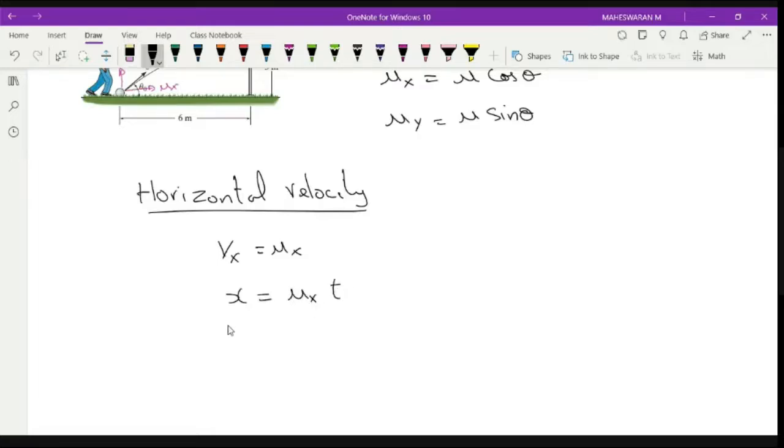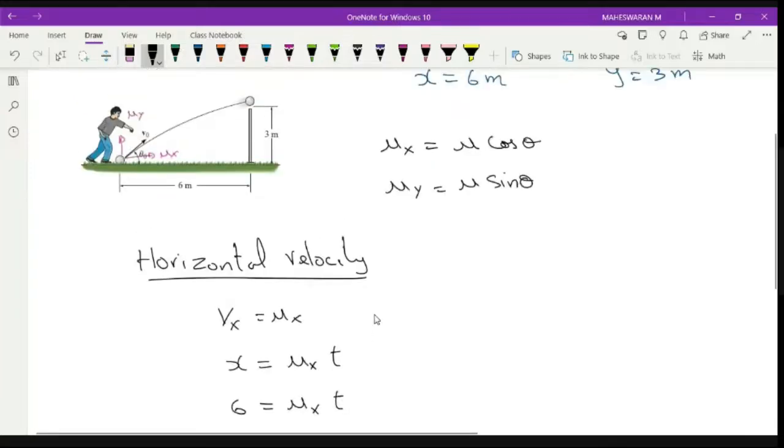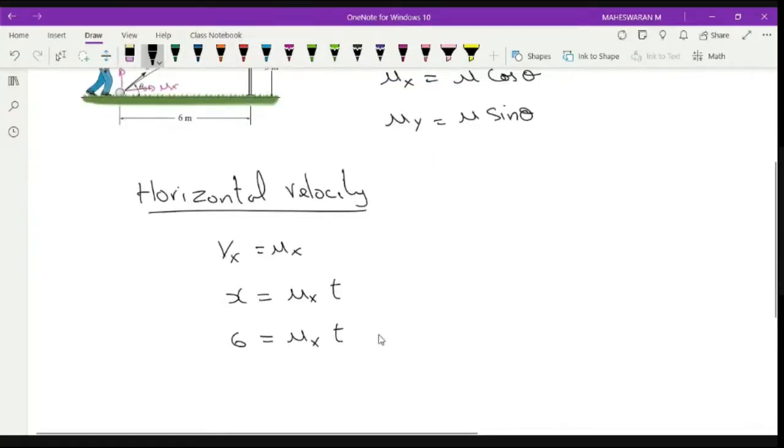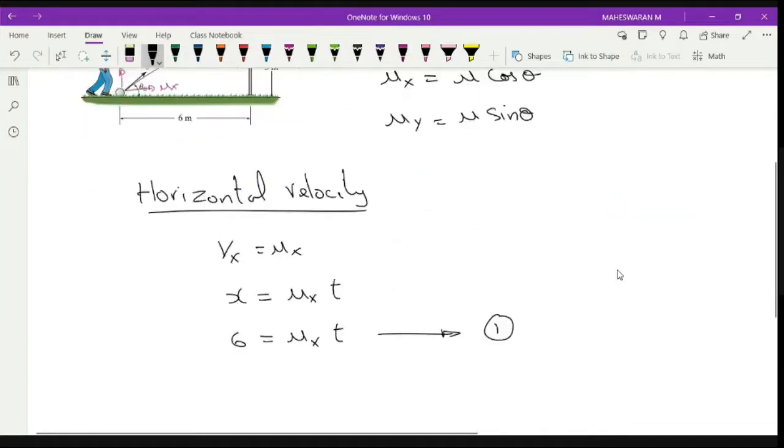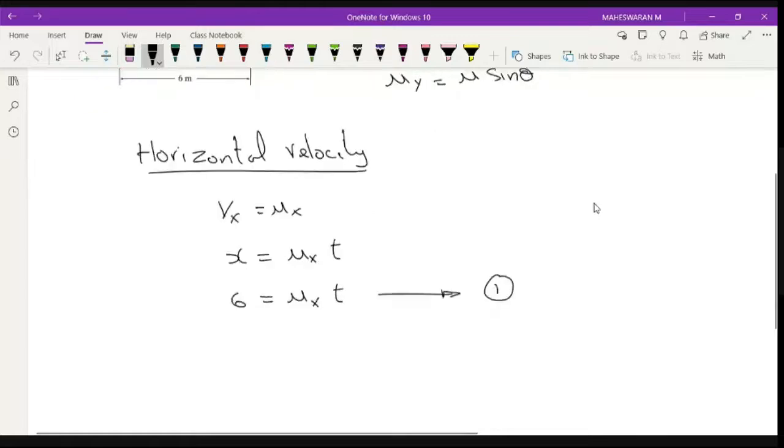This is my other data. x is 6 here, so 6 is equal to Ux into t. I have no other data here, so this is my equation 1. Because we don't have any other data related to this, we will stop here and proceed with the next one.